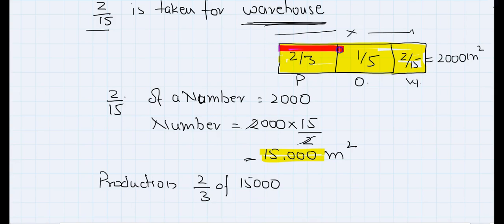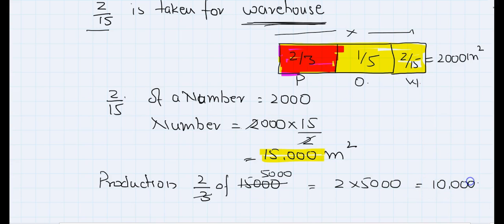We are going to find only this area. 2/3 of 15, that is 3 times 5 is 15. So it is 2 multiplied by 5,000. That is 10,000 meters square. So this is the area of the production line.